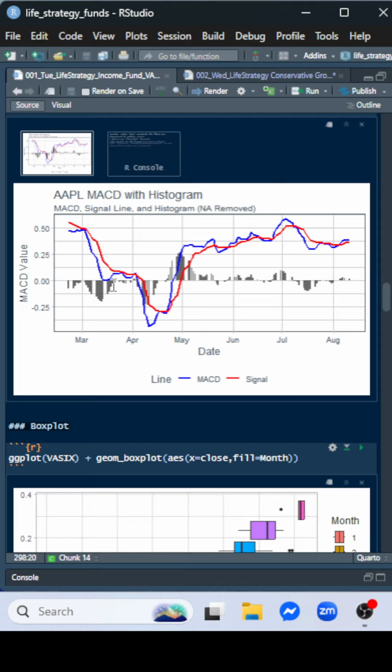But then back over here, it started to decline, and then for a few weeks you saw the blue line move kind of parallel to the signal line before falling back down again with some pretty strong bearish momentum here. Finally it climbs back up above the signal line.